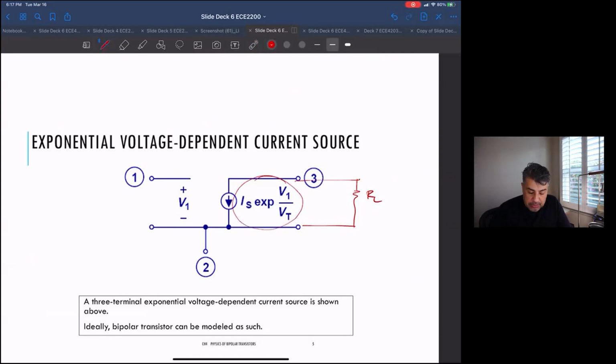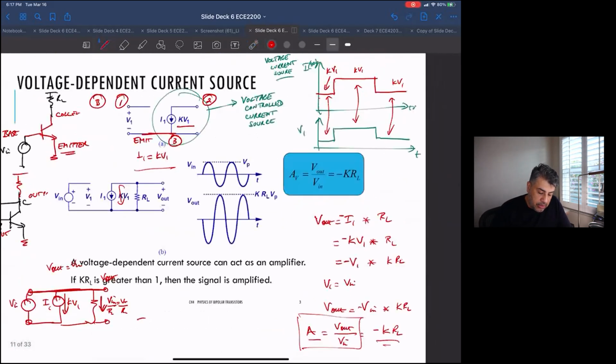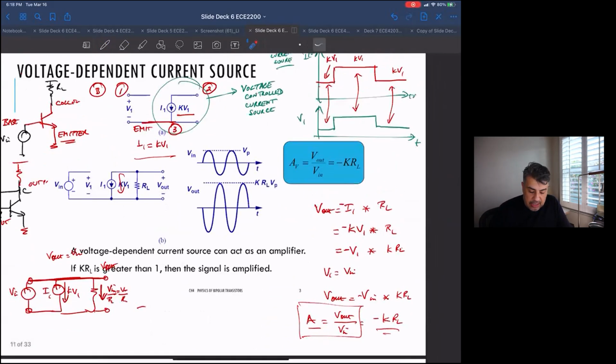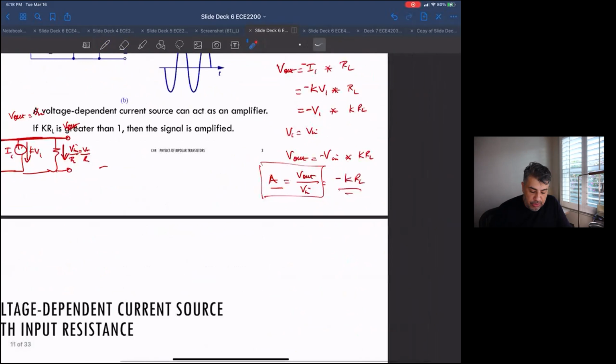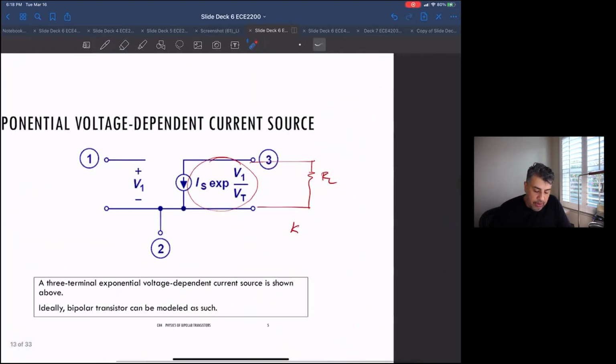Now notice that this isn't K, we had K here and it looked like a constant. Fortunately, I think it's more fortunate, that function from voltage in to current out is actually an exponential function. So it kind of looks like our diode, and you guys will see why.